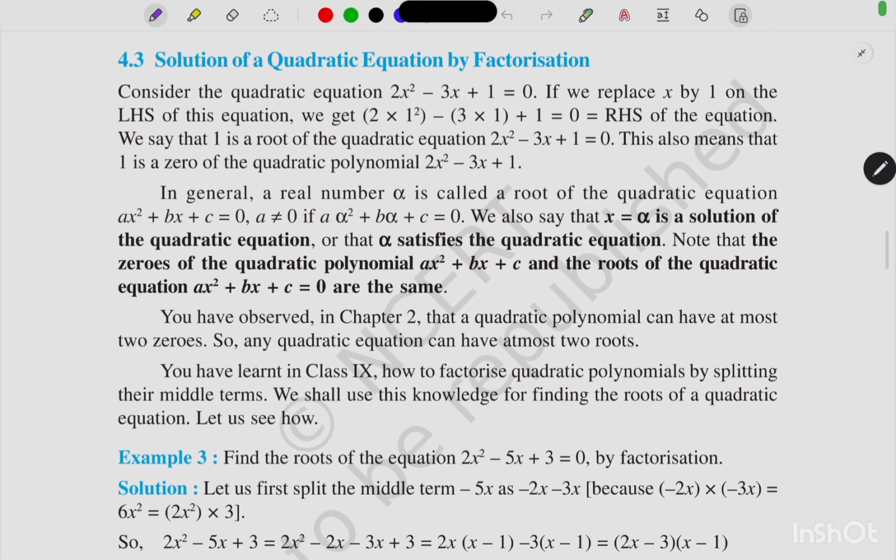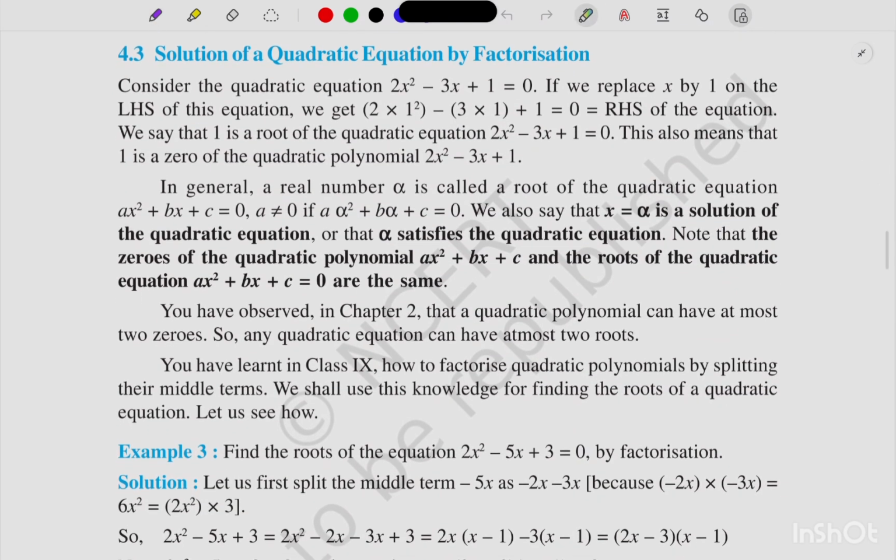Solutions to a quadratic equation. Now consider the quadratic equation 2x square minus 3x plus 1 is equal to 0. If we were to replace x by 1 on the LHS of this equation, we get 2 times 1 square minus 3 times 1 plus 1 equal to 0, equal to RHS of the equation.